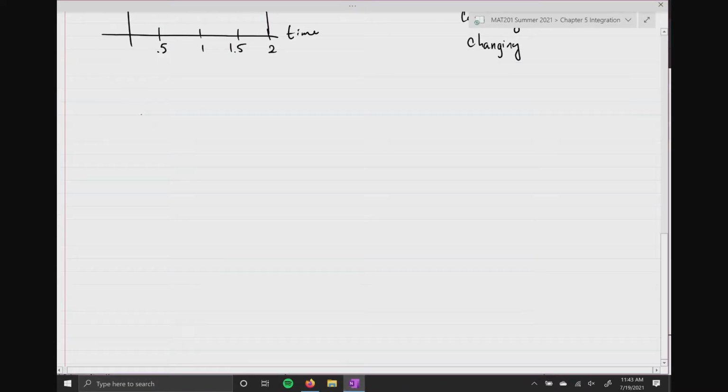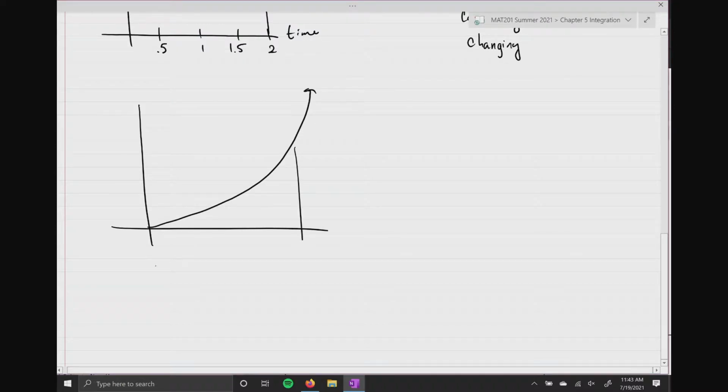All right. Call this A. We'll call this B. My goal is to find the area underneath this curve. Okay. Now, like I said, this is constantly changing. The slope at this point right here is completely different from the slope at that point right there. They are different. Okay.